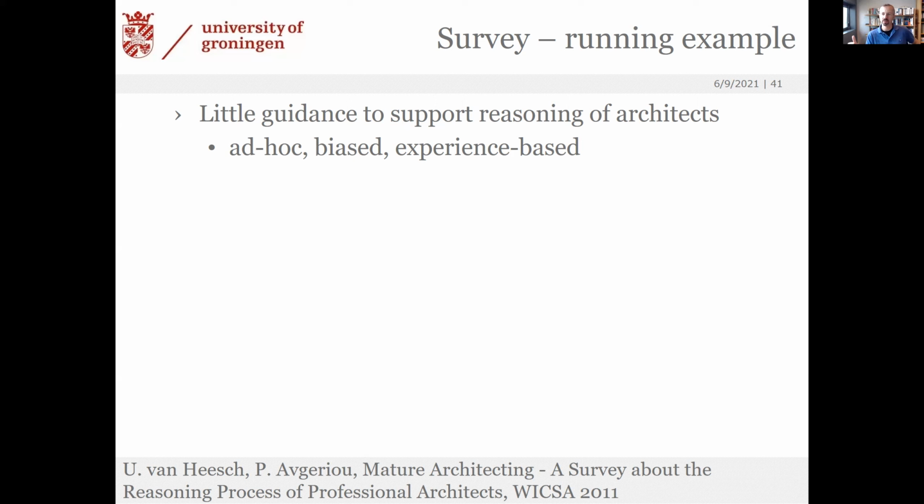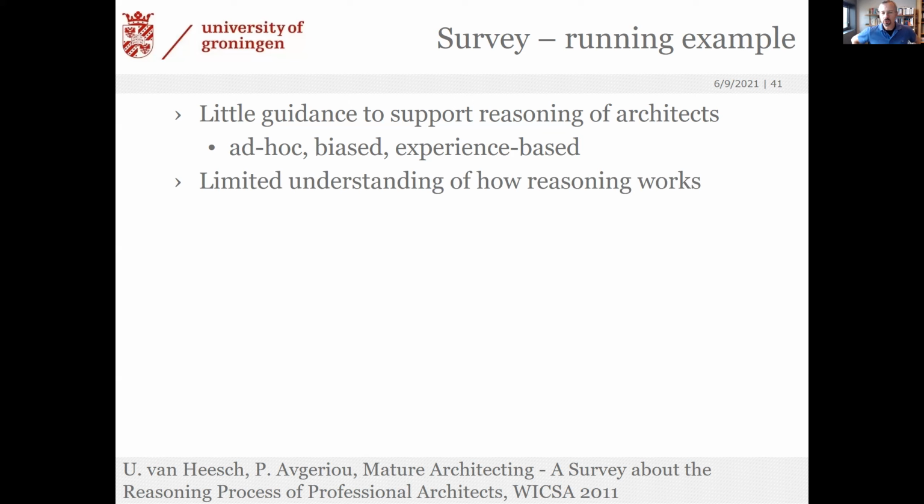For example, if they are experienced with a specific solution, they tend to apply it over and over without checking whether another alternative might be a feasible solution for the problem at hand. Reasoning is also very experience-based. So experienced architects, in fact, have a much more mature and systematic reasoning process than inexperienced ones.